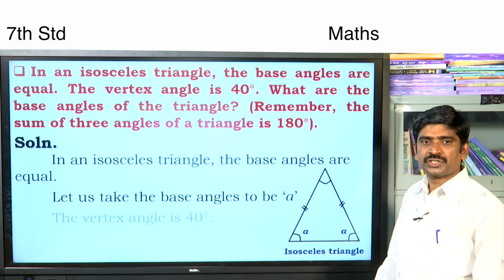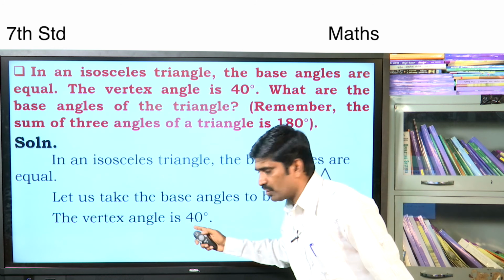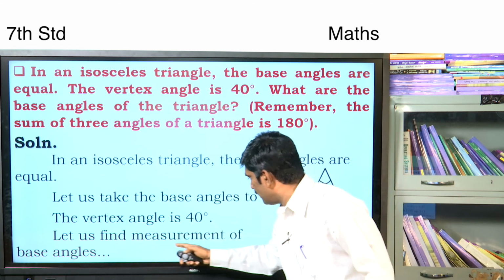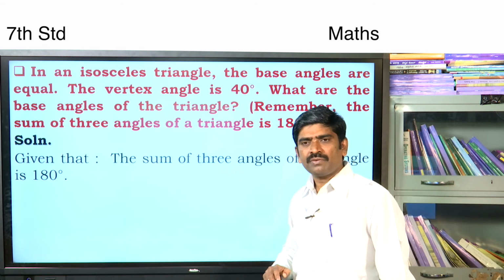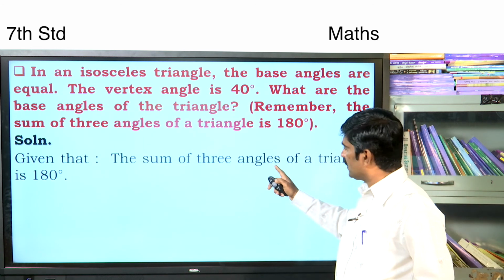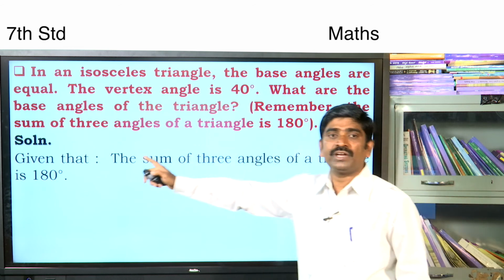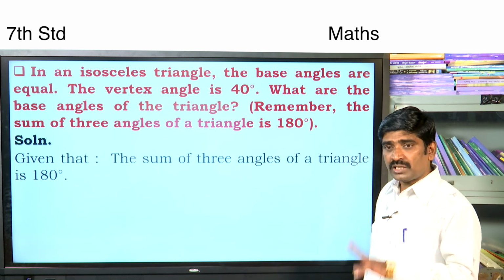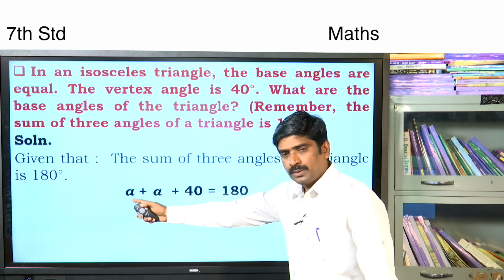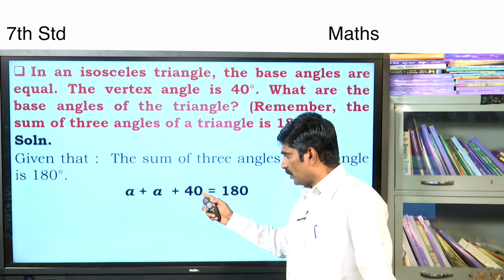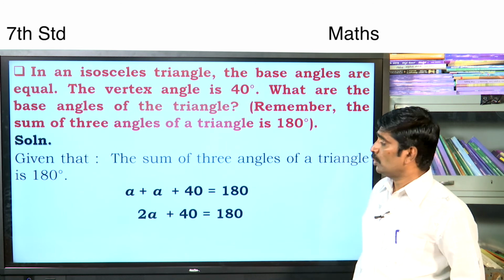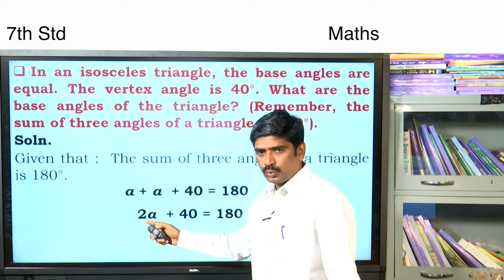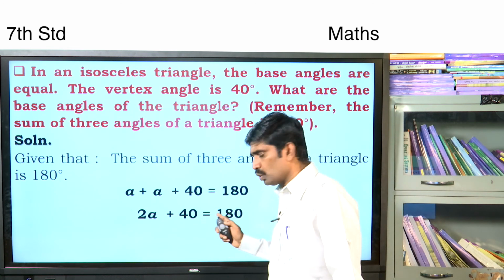The vertex angle is 40 degrees. Let us find the measurement of the base angle. The sum of the three angles of a triangle is 180 degrees. Therefore, A plus A plus 40 degrees is equal to 180 degrees. Then 2A plus 40 is equal to 180.